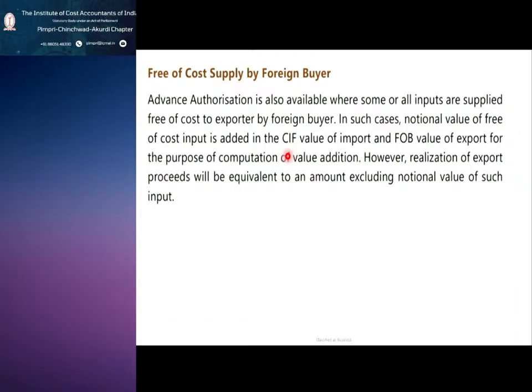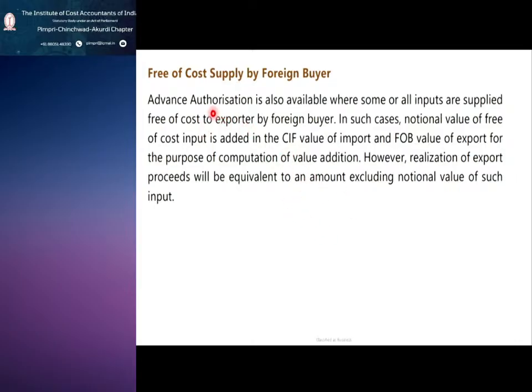In such cases, the notional value of the free of cost inputs is added in the CIF value of import and the FOB value of export for the purpose of computation of value addition.